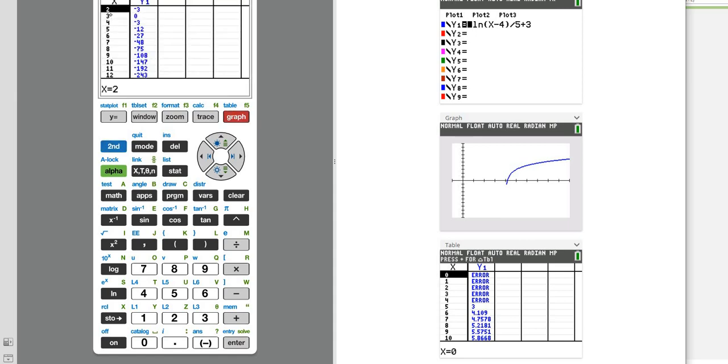You can see that at 2, my answer is negative 7. At 3, it should be 0.